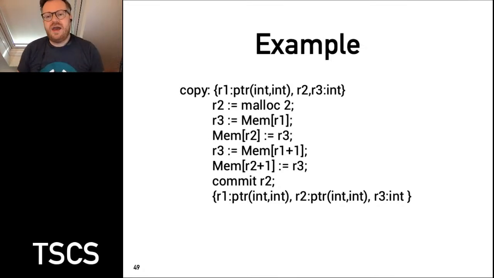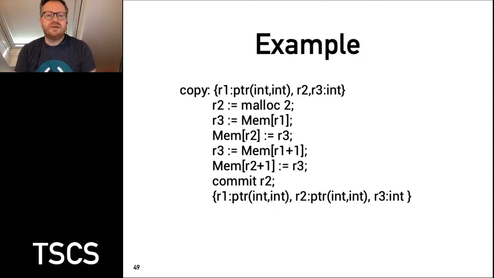And then you have two other registers, R2 and R3, which are just integer variables. And what happens then is in the outcome, R2 is now also a pointer with this two word integer tuple here, and R3 stays as it is.